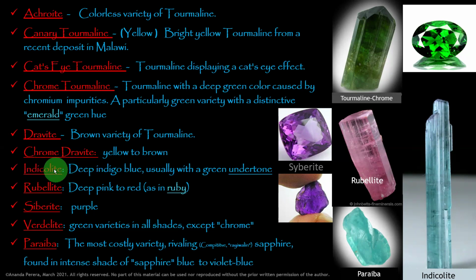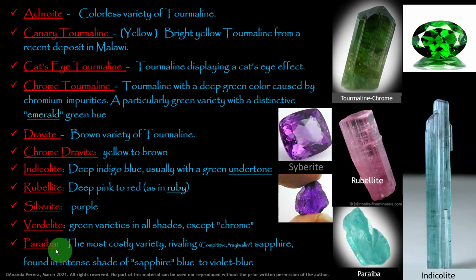So this is the first time we found indicolite in Sri Lanka. Rubellite, deep pink to red, as in ruby. Siberite means purple. These are the purple siberites, rough and the cut ones. Verdelite, green varieties in all shades except chrome.